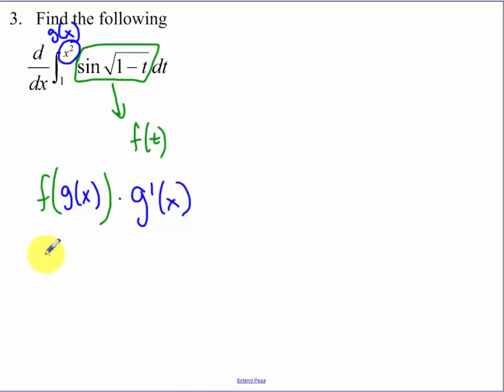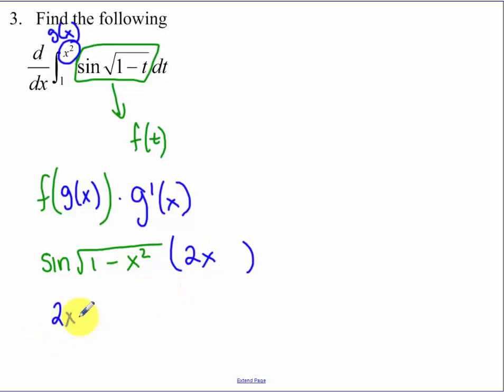So we have the sine of the square root of 1 minus x squared times the derivative of g of x. The derivative of that function is 2x. So our answer would be 2x times the sine of the square root of 1 minus x squared. And that's all we can do.